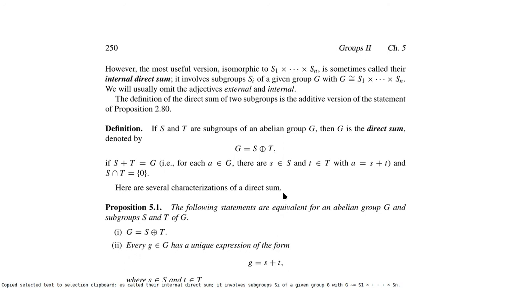So that's the direct sum. And of course, as you can guess, everything in here is abelian. They can be infinite or finite, that will be stated, but otherwise we have abelian groups.